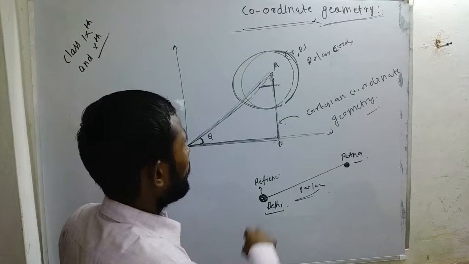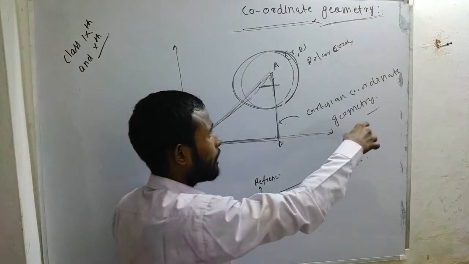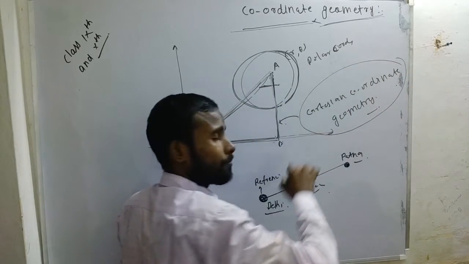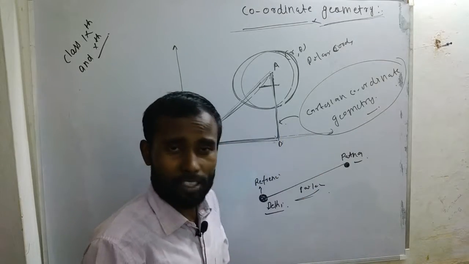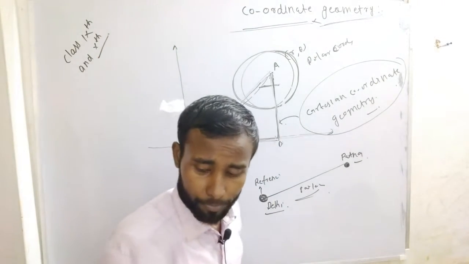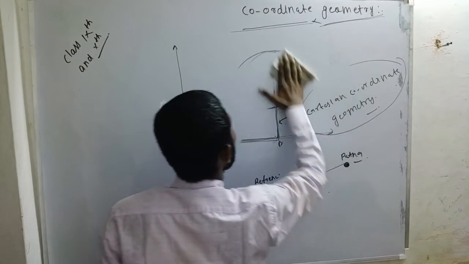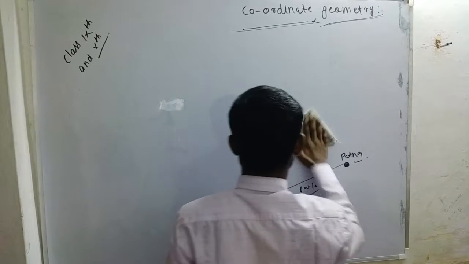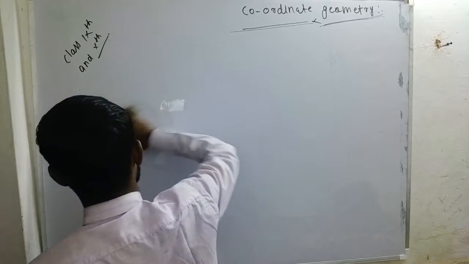Then we can reach near this point. This type of system is called the Cartesian coordinate system, also known as the rectangular Cartesian coordinate system. Now we define in detail what Cartesian coordinate geometry is, or we can also say what the Cartesian system is.